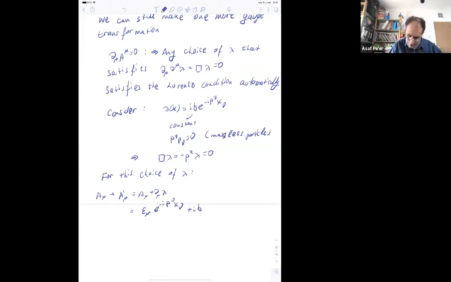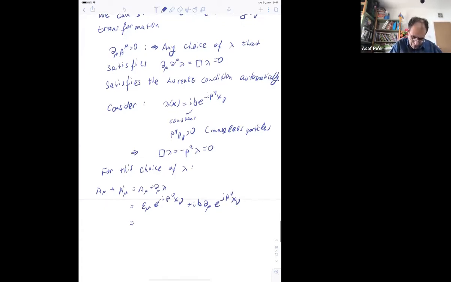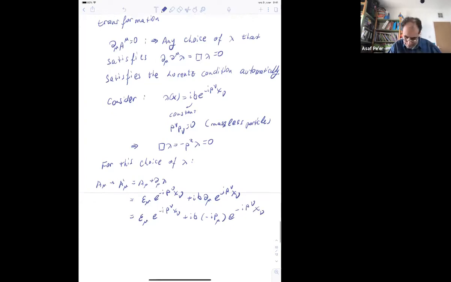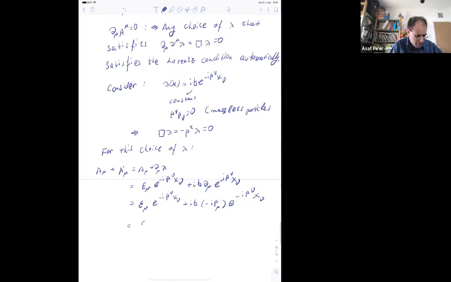Plus i b ∂^μ e^{-i p_ν x^ν}. So just ε^μ e^{-i p x} plus i b (-i p^μ) e^{-i p x}. Just (ε^μ + b p^μ) e^{-i p_ν x^ν}.